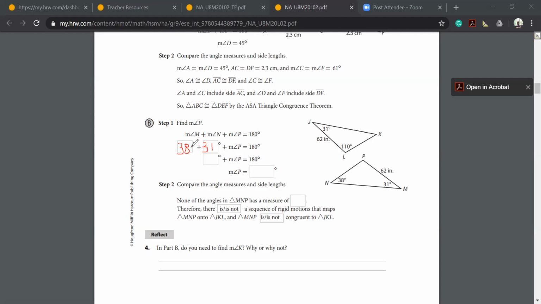Adding 38 plus 31 gives 69 degrees. Then how can I find P? Let's shift 69 with a negative sign to the other side. So measure angle P is going to be 180 minus 69, which is 111.